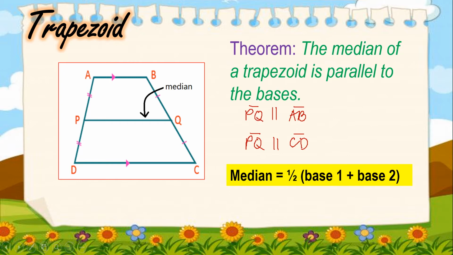Now, the median is equal to 1/2 the sum of the two bases. So in order for us to find the length of the median, we add the two bases and then multiply it by 1/2 or divide it by 2.